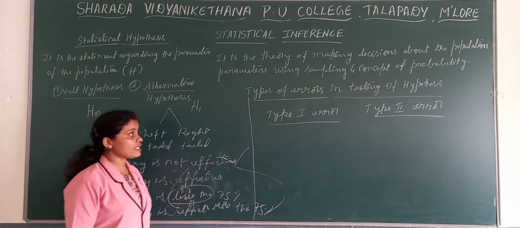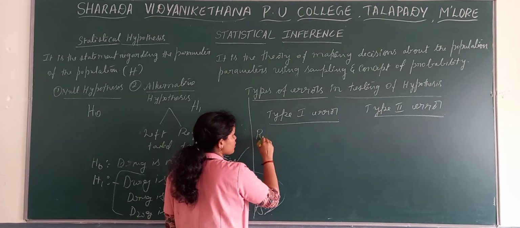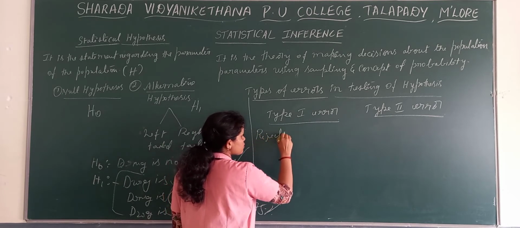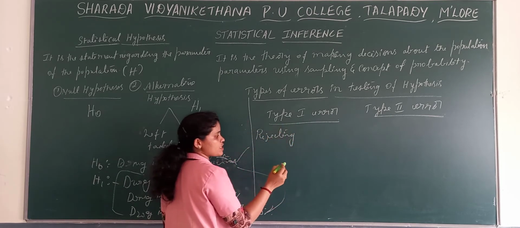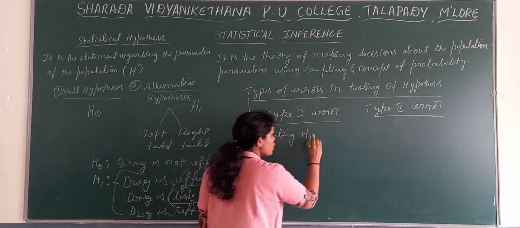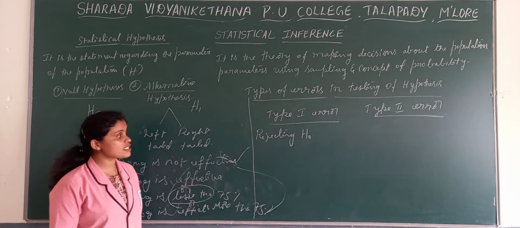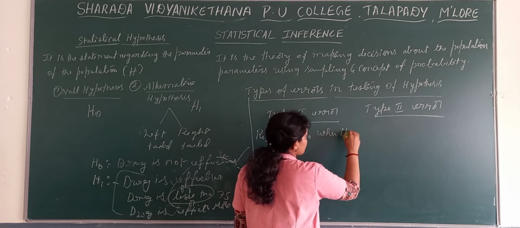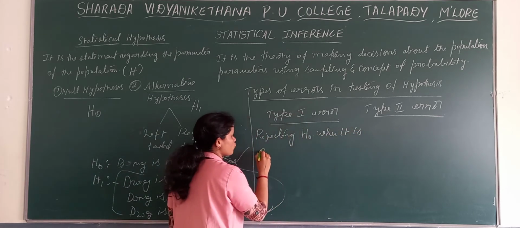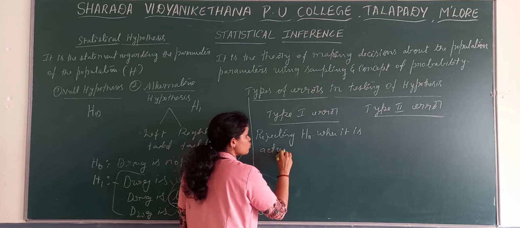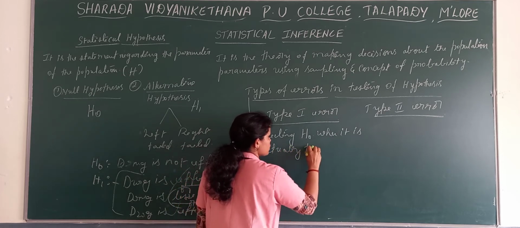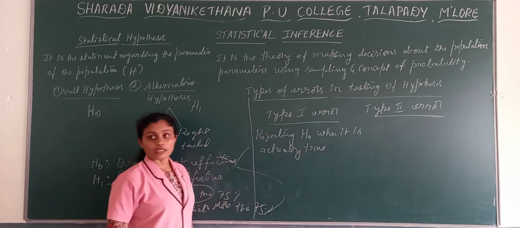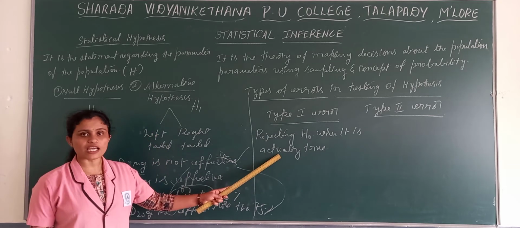Type 1 error is rejecting the null hypothesis, that is H0, when it is actually true. This is the one kind of error which we make while testing the hypothesis.